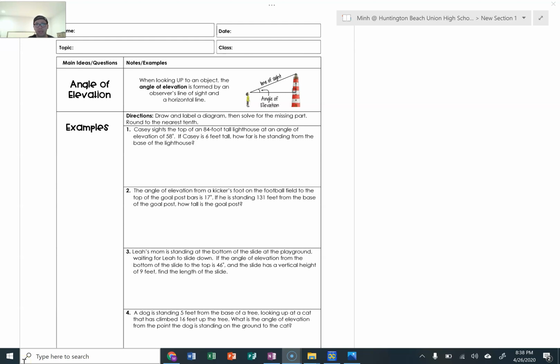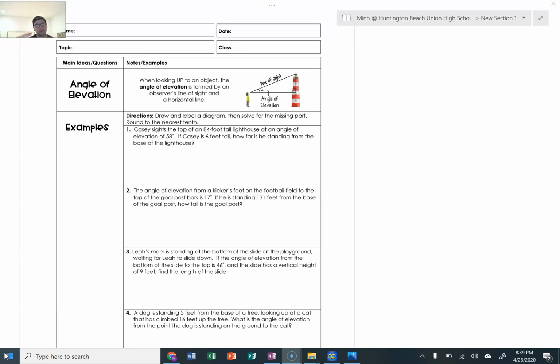Just before we get into working on word problems, this is mainly going to be using trigonometry, which is SOHCAHTOA, if you guys want a quicker way to remember what trigonometry encompasses for this unit. You gotta make sure you read these problems pretty carefully.